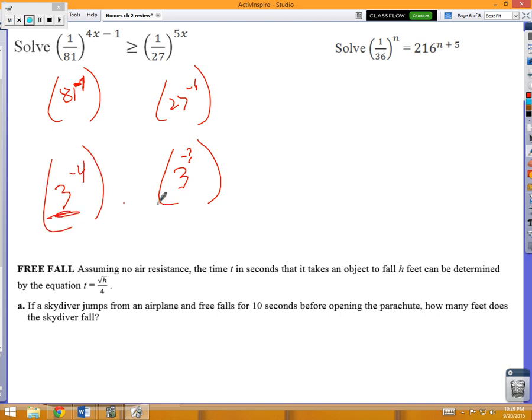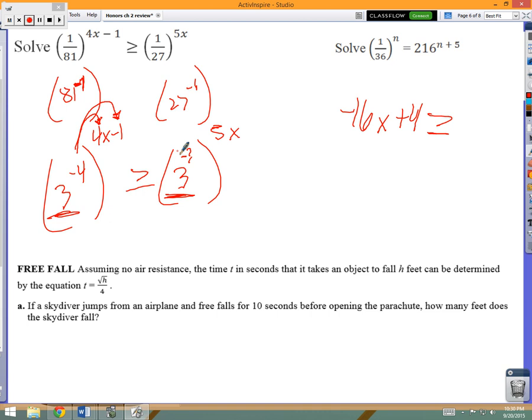And now what we've got is our bases the same. So you need to take these exponents, this negative 4 and this negative 3, and distribute to both of those, and you should have a negative 16x plus 4 on the left, greater than or equal to, on the right a negative 15x.